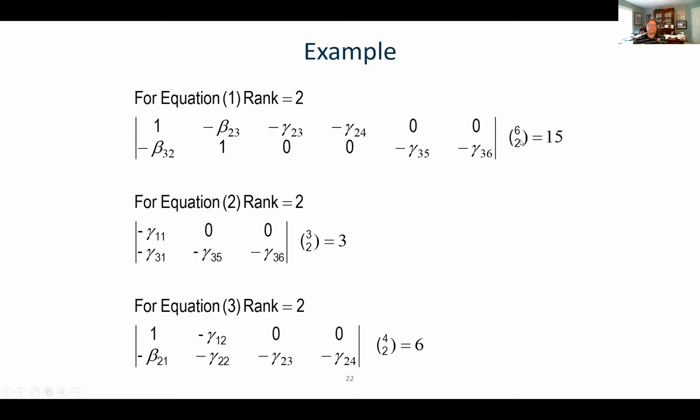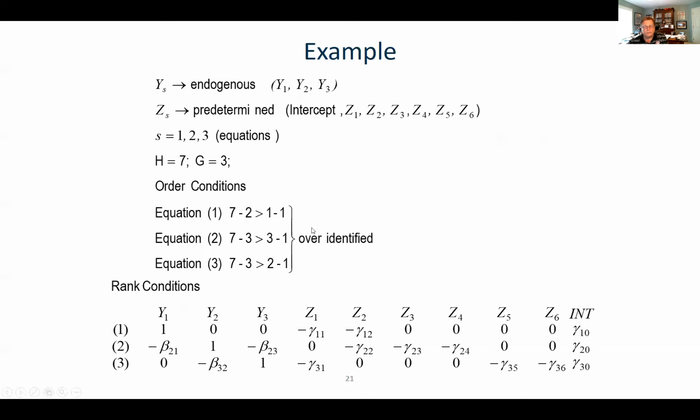Well, how many of them are there? Well, we have 6 columns here, taken 2 at a time, and the binomial coefficient 6 choose 2 equals 15. I'll do the details here in a moment. And in equation 2, notice there's only 3 columns here, all corresponding to the z's that are excluded from this equation but appearing in the other equations.